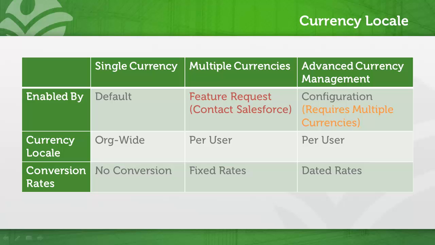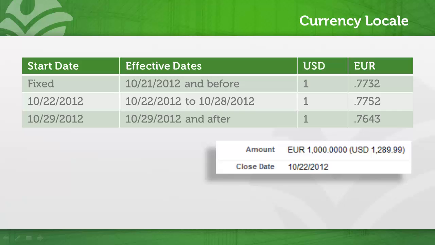Once activated, advanced currency management can be enabled, which allows for dated conversion rates. Dated rates mean that an opportunity can use the conversion rate at its close date instead of a fixed rate. For instance, if the 1,000 euro opportunity's close date was October 22nd, then 0.7752 would be the conversion rate from euros to US dollars.